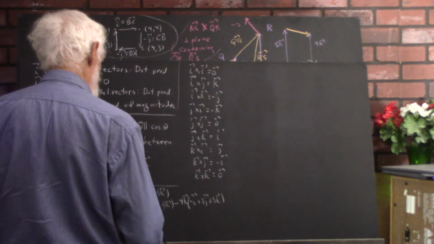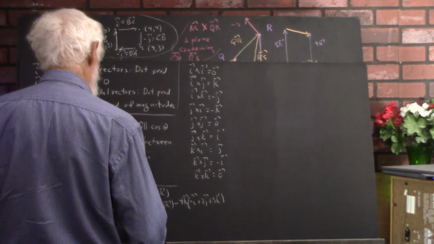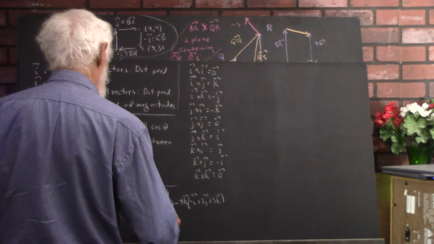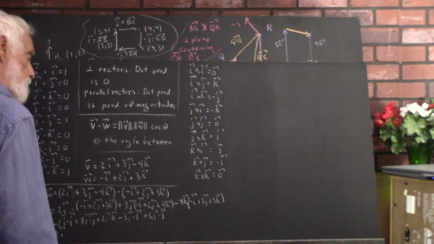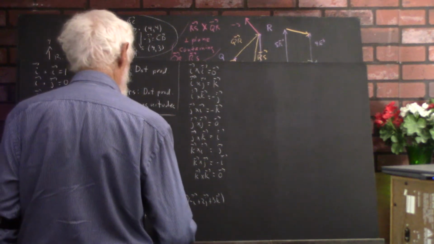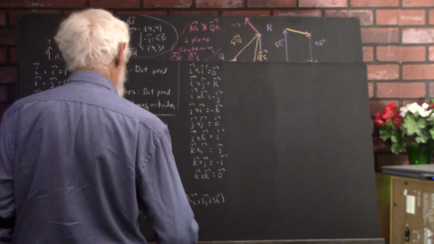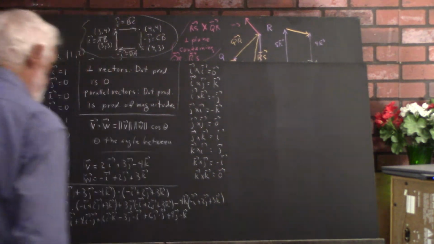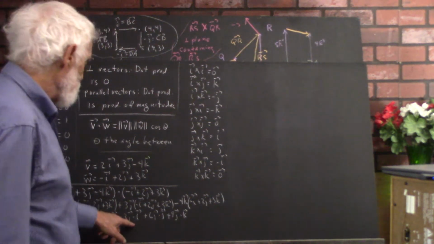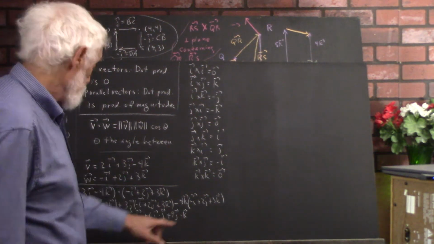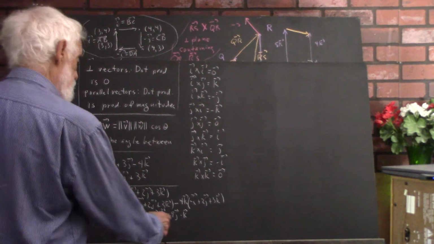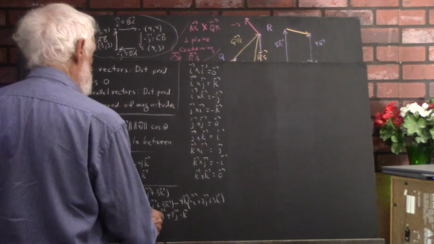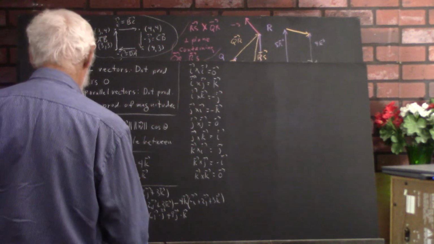That's going to be plus 6J dot J plus 9J dot K. Well, this is going to be 0, and this is going to be 0, because you've got a J dot I here and a J dot K here. The only thing you're going to have left is the 6J dot J, which is 6.